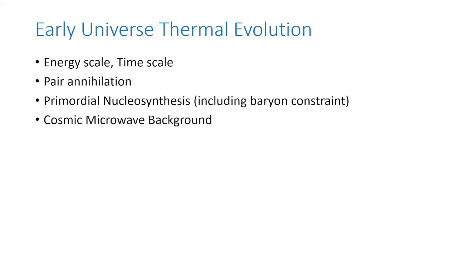The relation between scale factor or time with the temperature tells you what physical processes could take place. So those are the various things that happen in the first 300 or 400,000 years after the Big Bang.